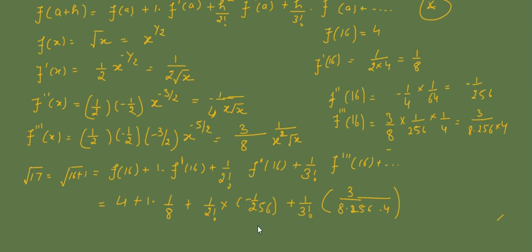Just simplify all these expressions and you will get the value as 4.1231071. So this is the approximate value of square root 17, and we have calculated this value using Taylor's expansion.